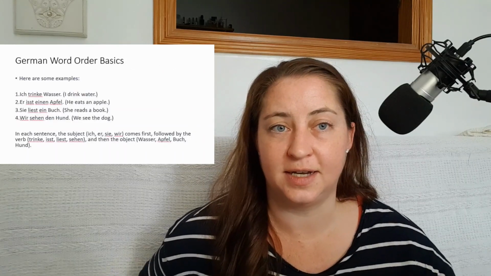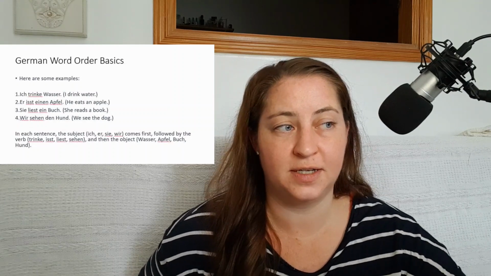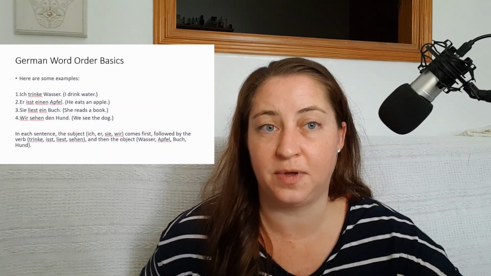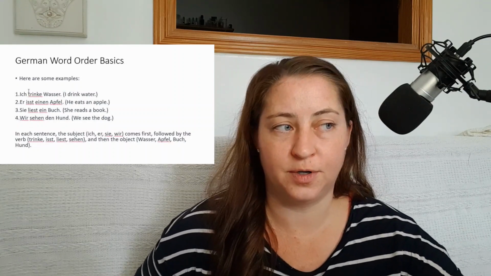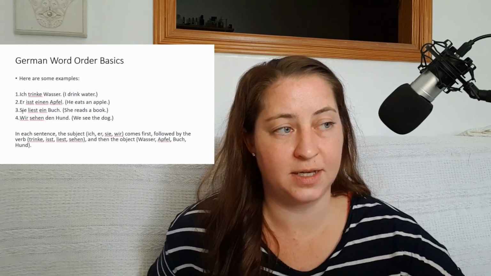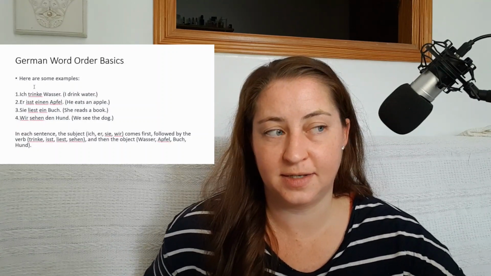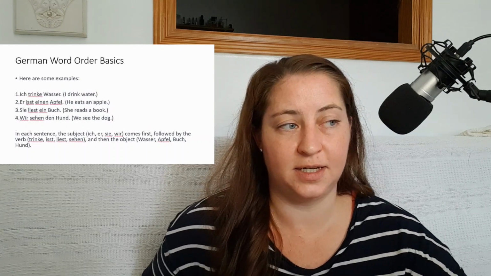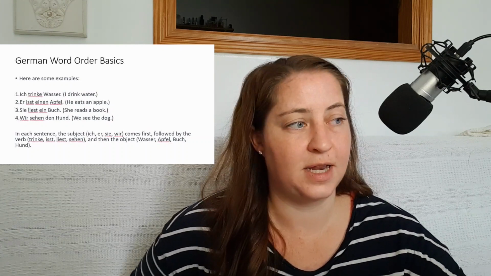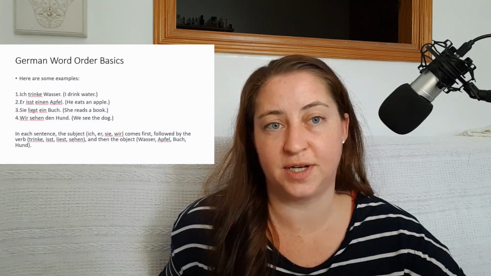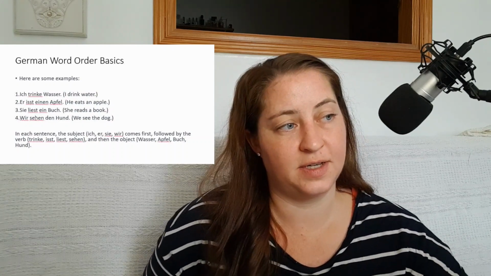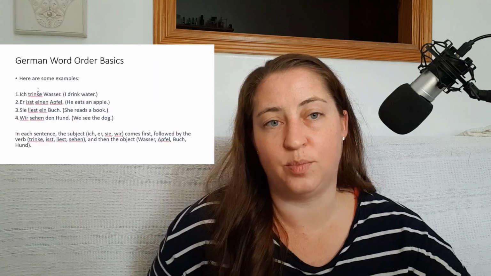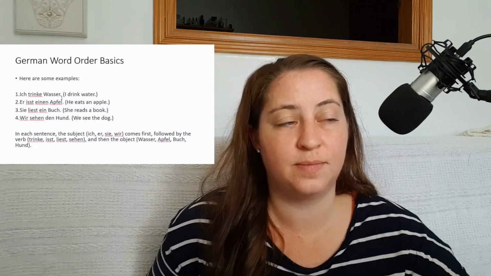And in each of these sentences, we have our subject, ich, er, sie, and wir. Then we have a verb, trinken, trinke, essen, isst, lesen, liest, sehen. And then we have a direct object, the Wasser, einen Apfel, ein Buch, or den Hund.